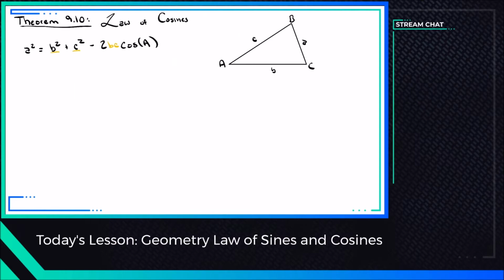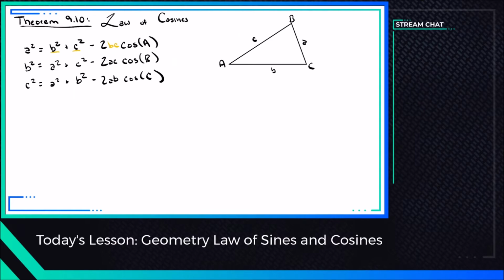So a squared is equal to b squared plus c squared minus 2bc cosine of A. And this is applied to all of the sides. So b squared is going to be equal to a squared plus c squared minus 2ac multiplied by the cosine of angle B. And c squared is going to be equal to a squared plus b squared. So this is the part that looks just like the Pythagorean theorem, except we're going to tack on minus 2ab cosine of C.